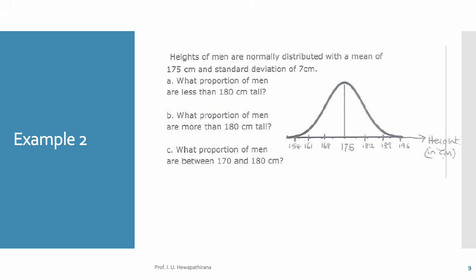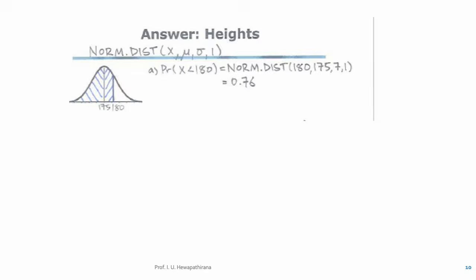Now let's look at another example. The heights of men are normally distributed with a mean of 175 centimeters and a standard deviation of 7 centimeters. The question is, what proportion of men are less than 180 centimeters? So how do we put this question into a mathematical equation?